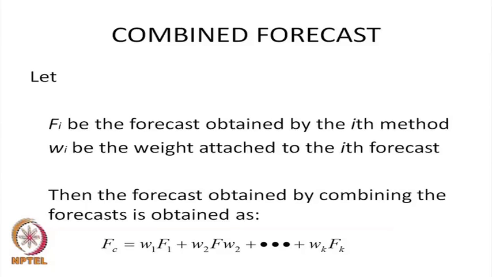What is suggested here is that one can make forecasts using different forecasting methods. Let us say that there are k such forecasting methods and each one of them yields different forecasts for the same time period. Let us say the forecasts are f1, f2, f3 etcetera up to fk.